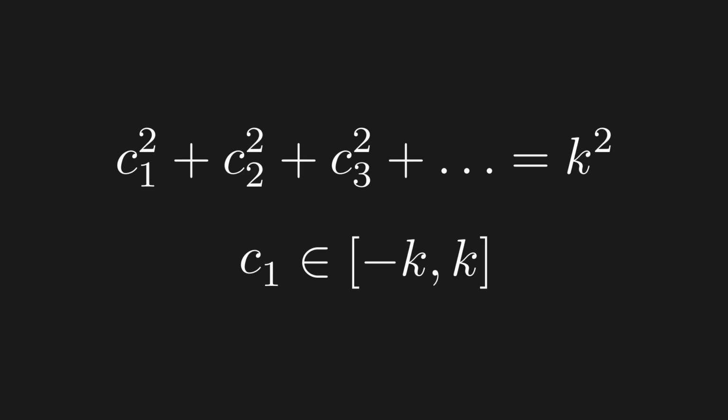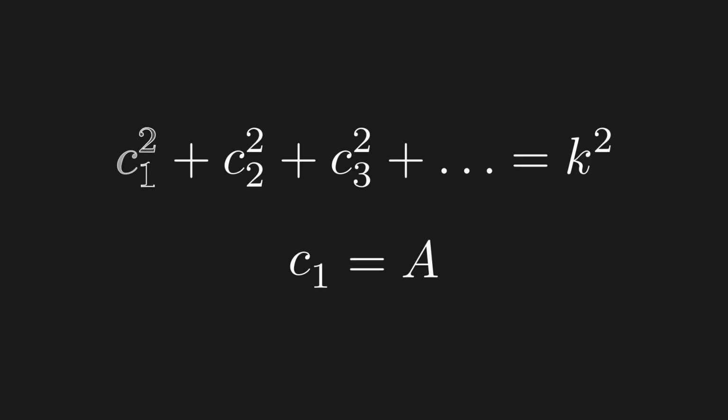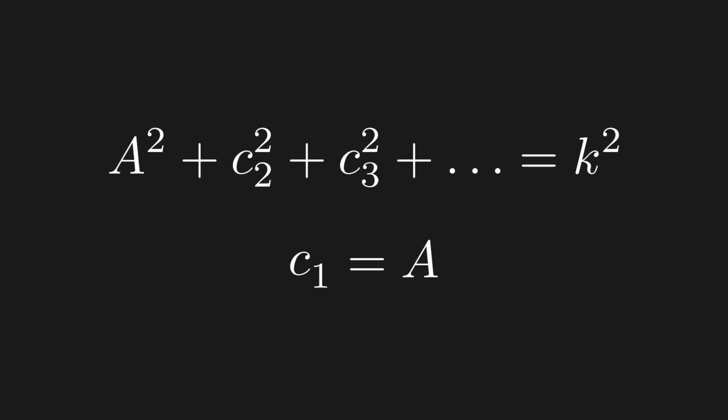If we choose c1 equals negative k or k, then we need to set all other coefficients equal to 0 if we still wish to satisfy this condition. Let's look at the case where we don't choose negative k or k, and therefore don't immediately constrain all other coefficients. So let's instead choose a number a within this range. Now our condition looks as follows, and we can move a to the other side.